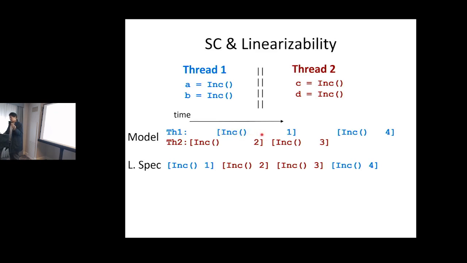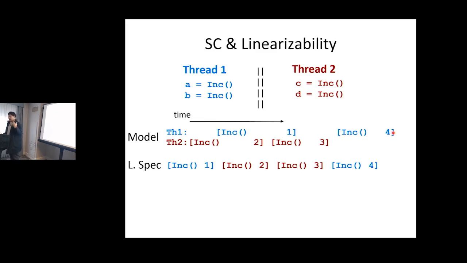At this point, thread 2's inc may complete and return 2. Thread 1's inc keeps executing, and at this point the second inc is invoked in thread 2 and executes. The first inc of thread 1 returns 1, and keeps executing, then this one returns 3, and then thread 1's second inc is invoked, completes, and returns 4. That's one possible execution sequence, right?